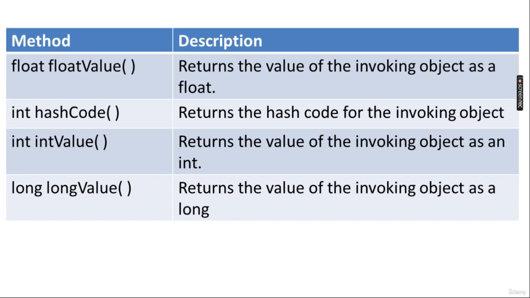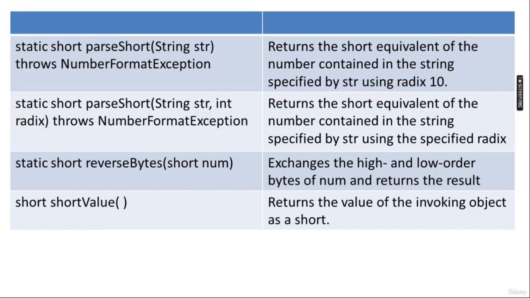int hashCode returns the hash code of the invoking object. intValue returns the value of the invoking object as an integer. longValue returns the value of the invoking object as a long. Then static short parseShort(String str) throws NumberFormatException returns the short equivalent of the number contained in the string specified by str using radix 10.